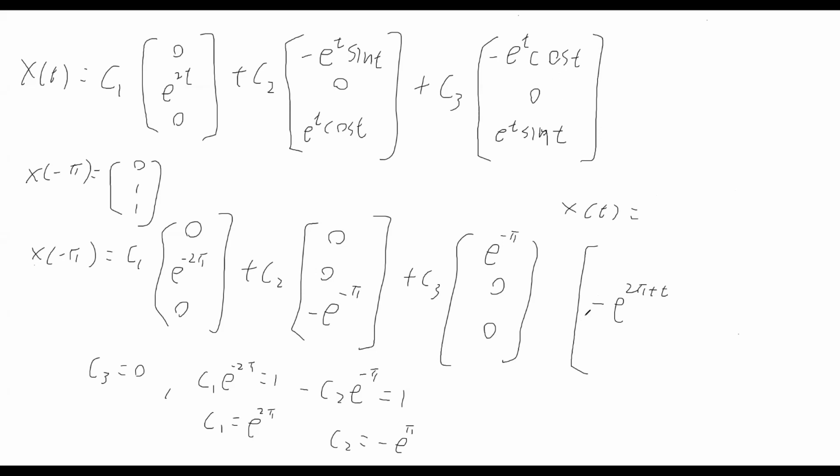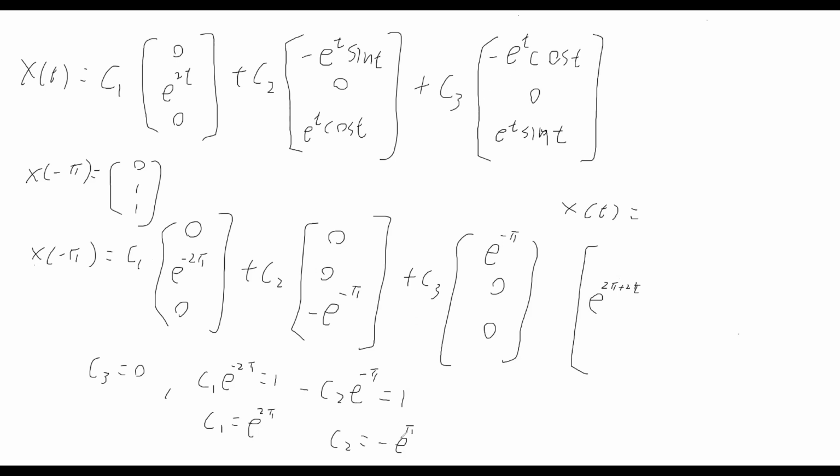Sorry, I made a mistake. All right, so C1 is e^(2pi). So e^(2pi) times e^(-2pi) gives us 1 here. All right, and then C2. Oh gosh, what am I doing? So e^(2pi), put it here. We get e^(2pi+2t). And then C2. C3 is 0, so we don't have to worry about this part.